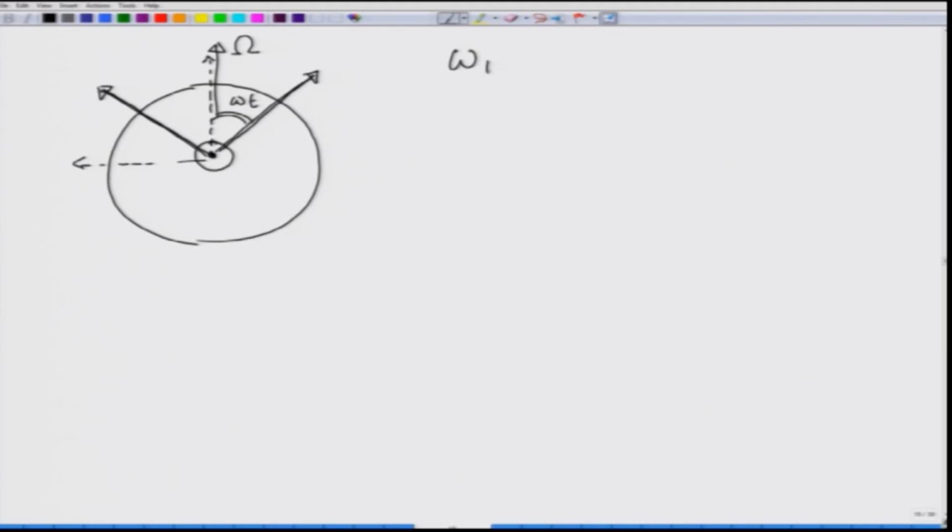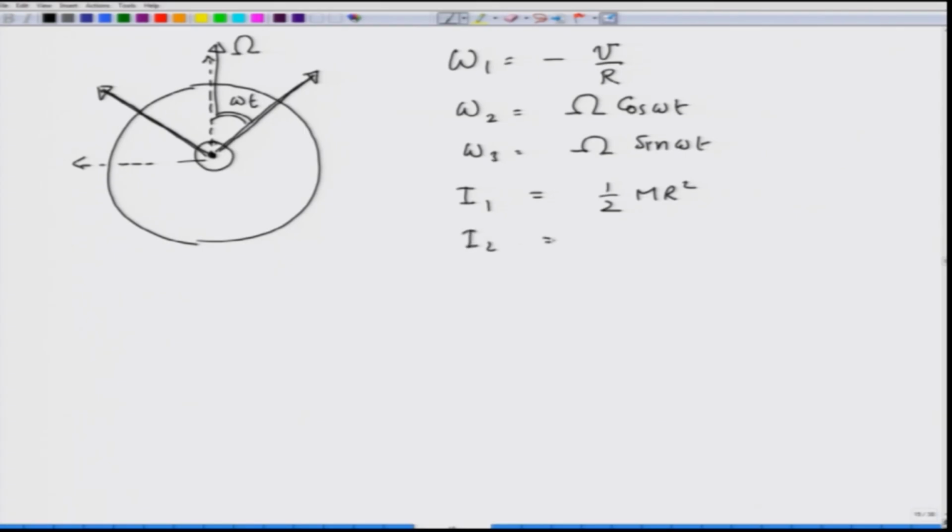Omega 1 we have already said is minus V over R, omega 2 is capital omega cosine of omega t, and omega 3 is capital omega sine of omega t. How about I1, I2 and I3? I1 is 1/2 mr square, I2 is about diameter, so it is going to be 1/2 of 1/2 mr square. Since everything is symmetric, it is mr square by 4, and I3 is also mr square by 4.